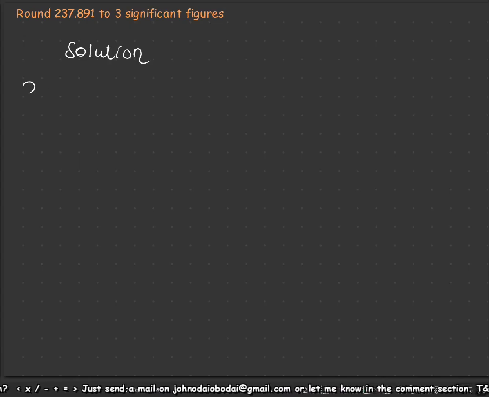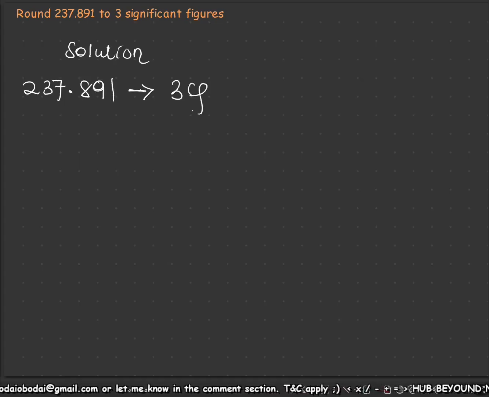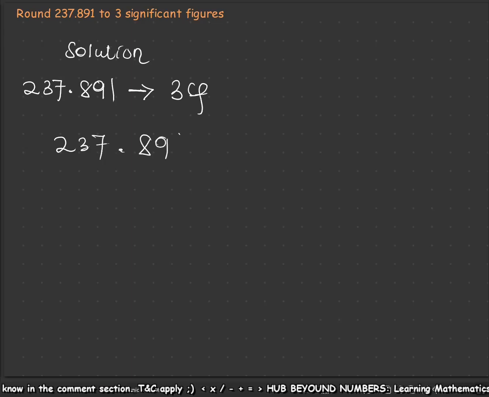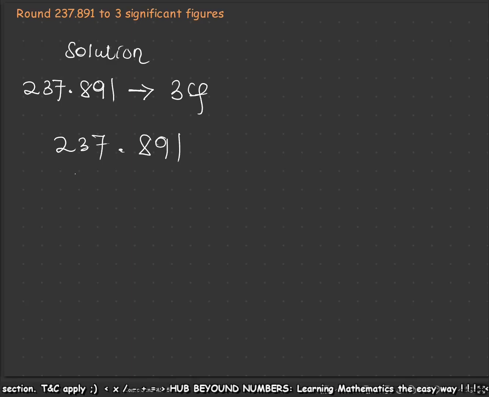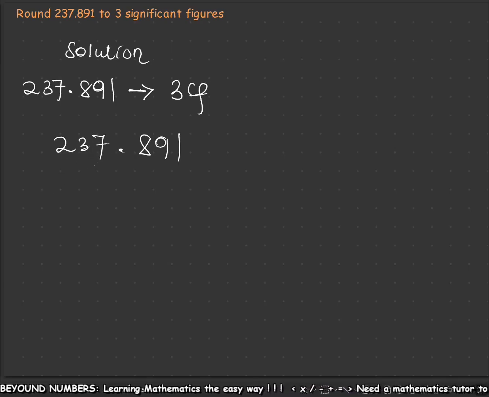So we have 237.891, and we are rounding it to 3 significant figures. Let's ask ourselves, if we want to round it to 3 significant figures, then this here is our first significant figure. You see, this is our second significant figure, and then this here is our third significant figure.